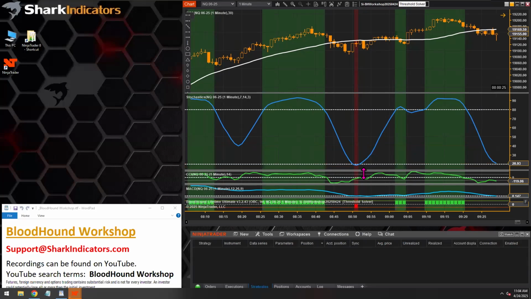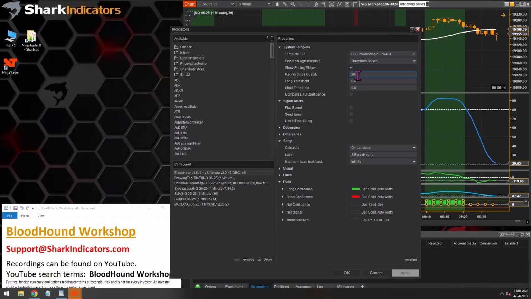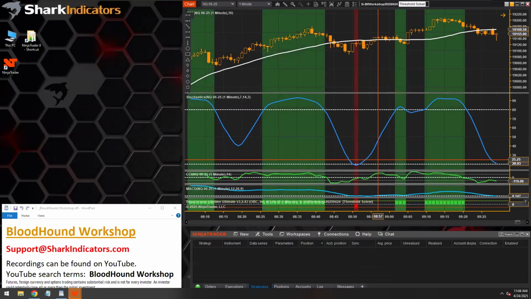Okay, so there is our short output. I'm also going to increase the racing stripe opacity to make that a little more visible. There we go. Now that short stands out a little better. All right, so there we go.